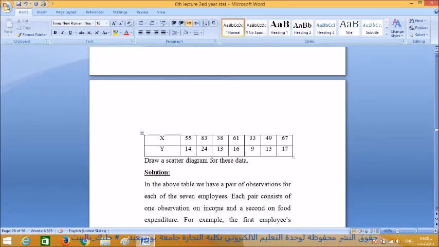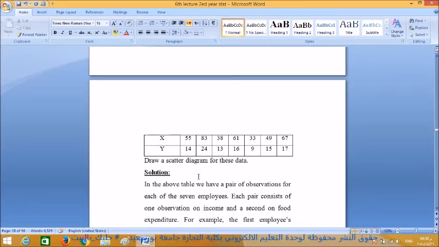Solution. Drawing any point using the pair of values x and y. So by hand, you will use y as a vertical line and x as a horizontal line like this.